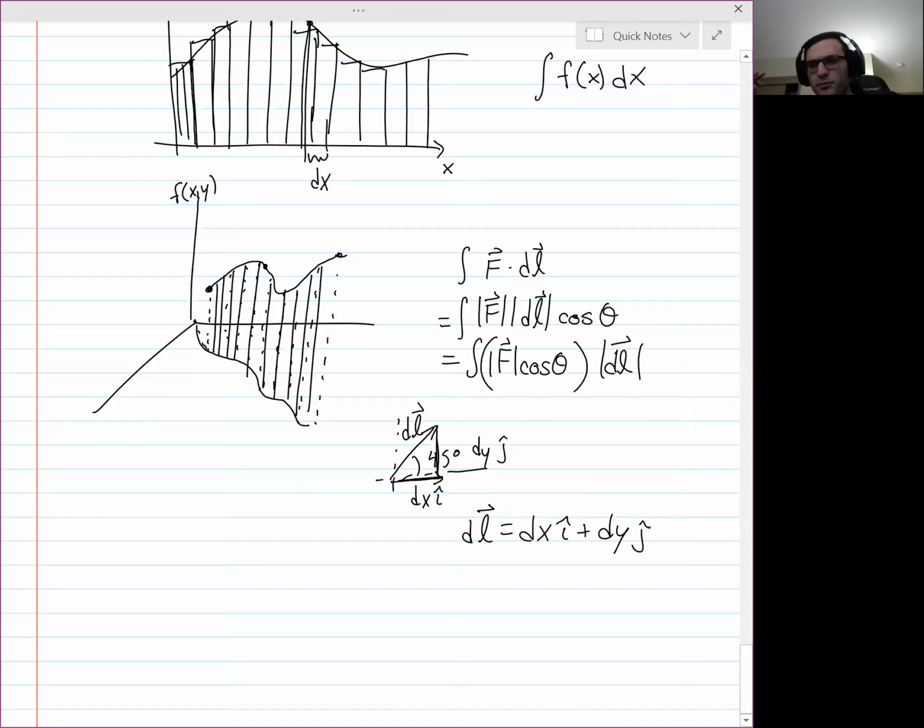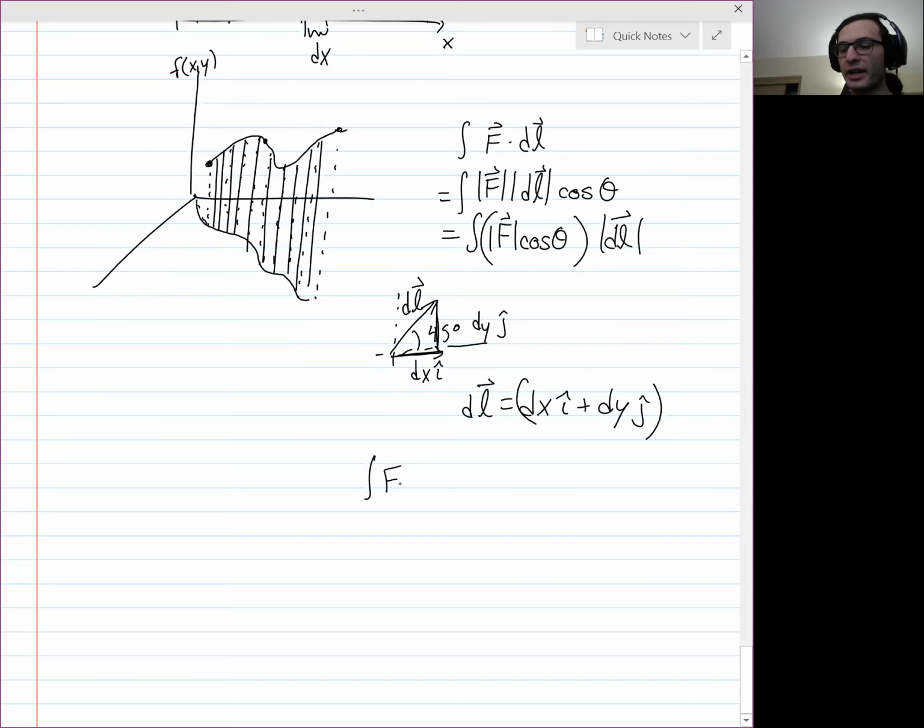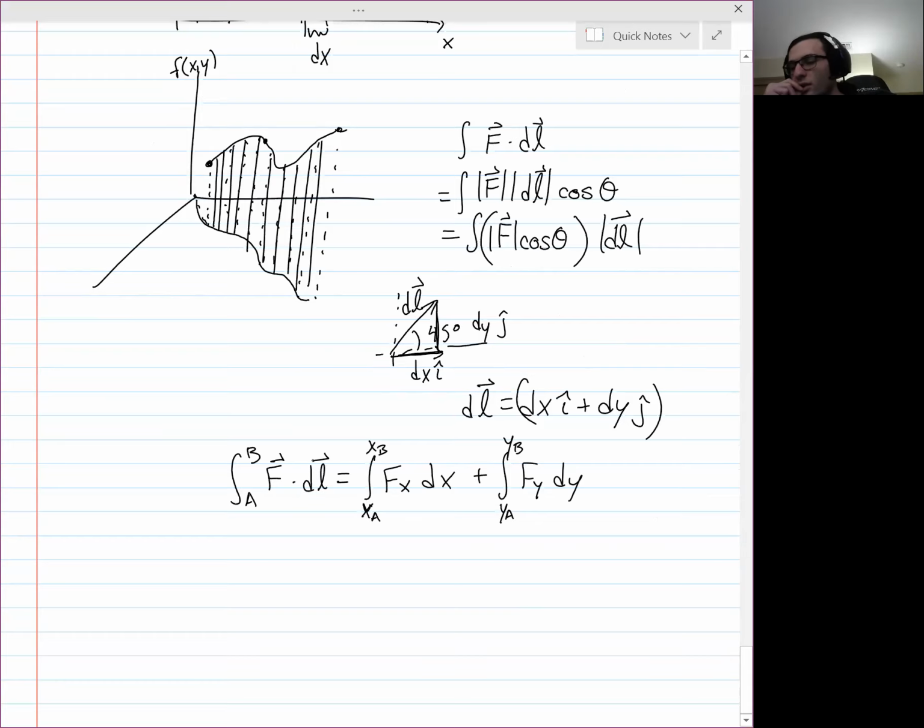So then you would take this, you would dot it into your force vector, and then you would just do the integral. And there might be two integrals. It might be like the integral of f of x dx plus the integral of f of y dy, and that's okay. This would be from ya to yb. This would be from xa to xb. And that whole thing is like the integral from a to b of f dot dl. That's how you would handle it in this case.